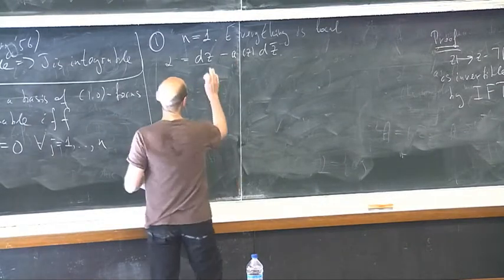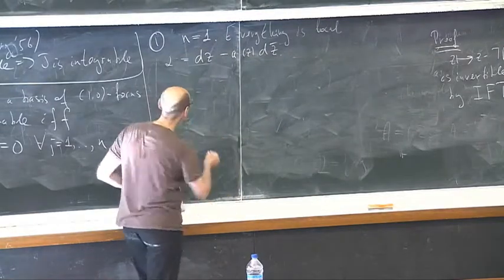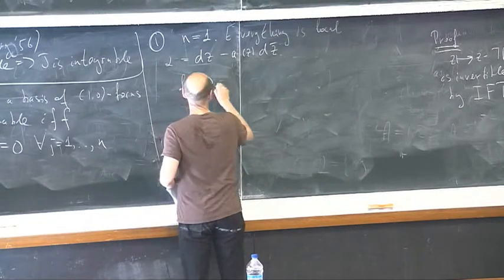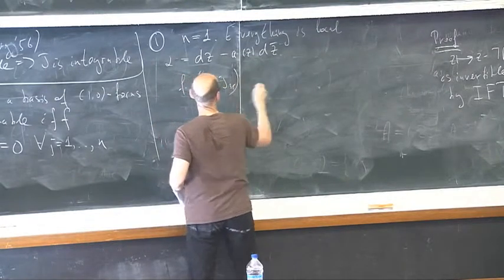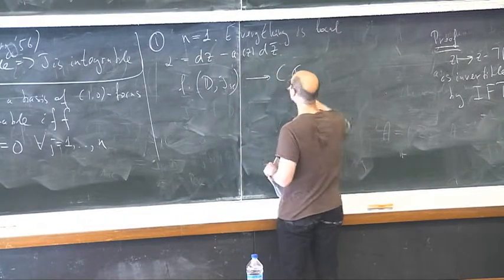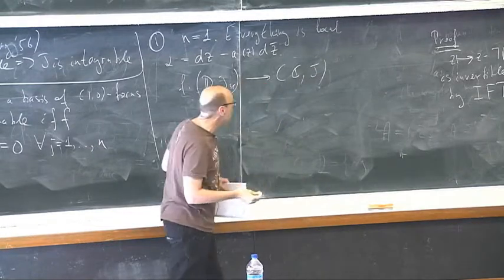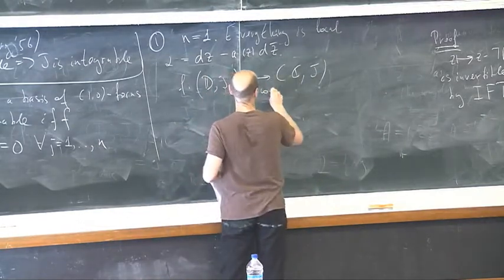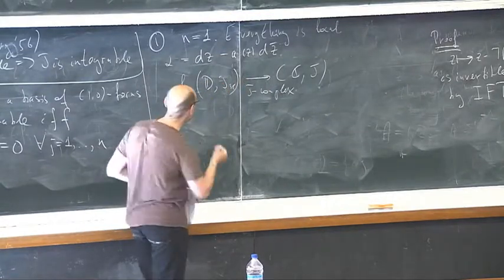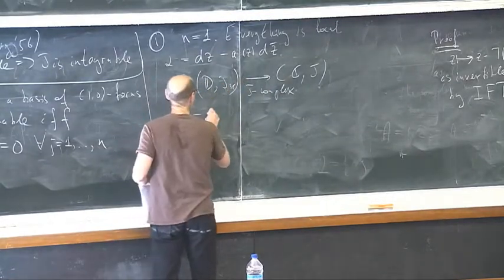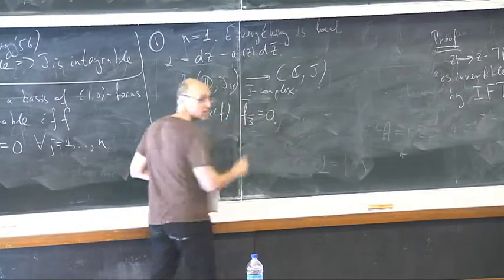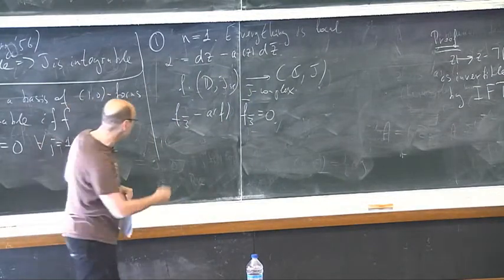So we have this form, and now if we have a map F from the disk with the standard structure to our manifold, to our C with this structure J, then the Cauchy-Riemann equations for this complex disk will be like this. It will be f zeta bar minus A of f times f bar zeta bar is equal to 0. So these are our Cauchy-Riemann equations for this case.